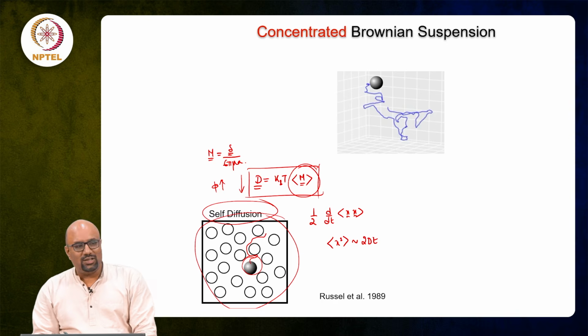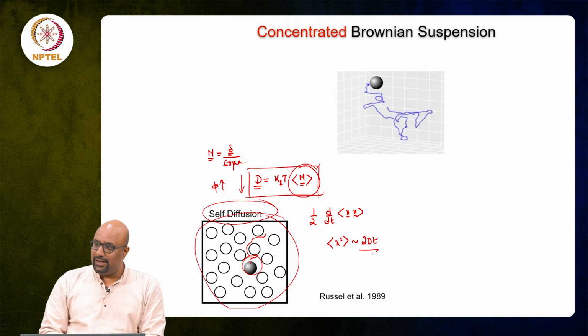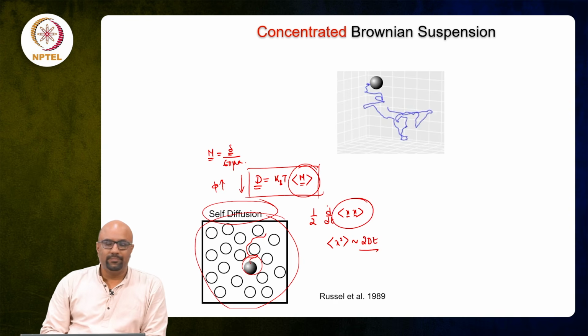When we solved the Langevin equation and found the position of the particle, and we obtained the mean square displacement for a single translational coordinate, it went as 2 dt. So, you can measure this, you can measure the coordinate of the tagged particle and find the ensemble average dyadic quantity xx, take a time derivative of that, half of that is going to basically give you the component of the diffusion tensor.